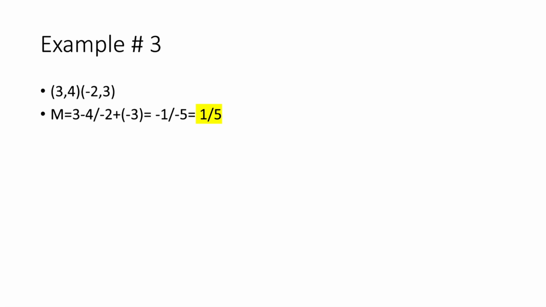After solving the equation, you get negative 1 over negative 5. That cannot be simplified, but the signs can be changed because both are negative, and that would cause the fraction to become positive. So you get 1/5.